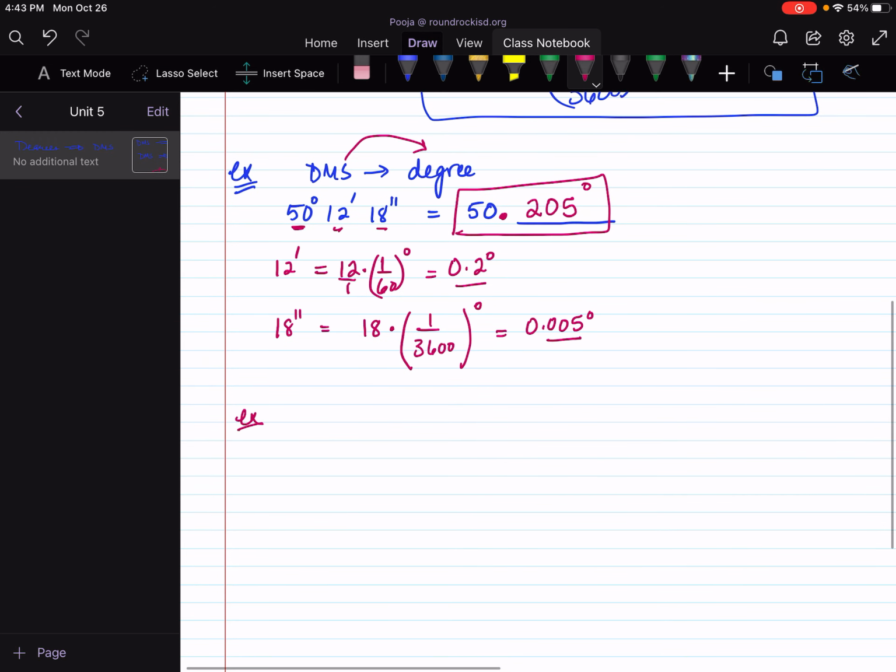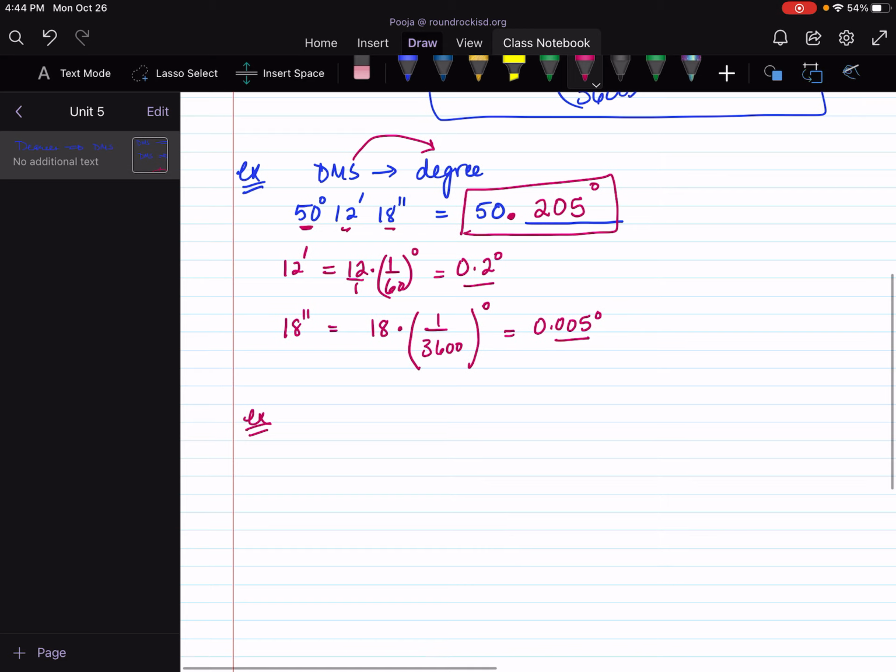And of course, we can see another example, right? Okay, let's say we have 48 degrees, 28 minutes, and 32 seconds that need to be converted to degrees.